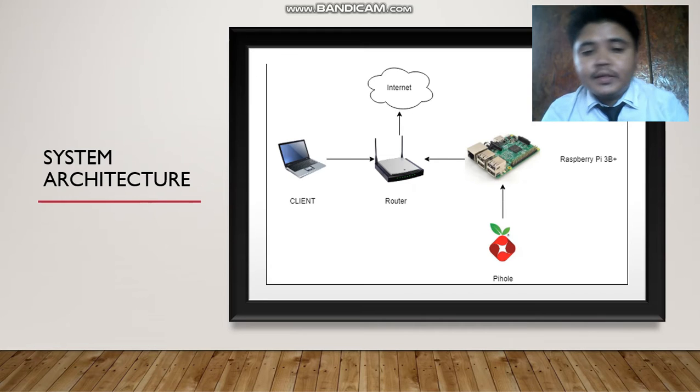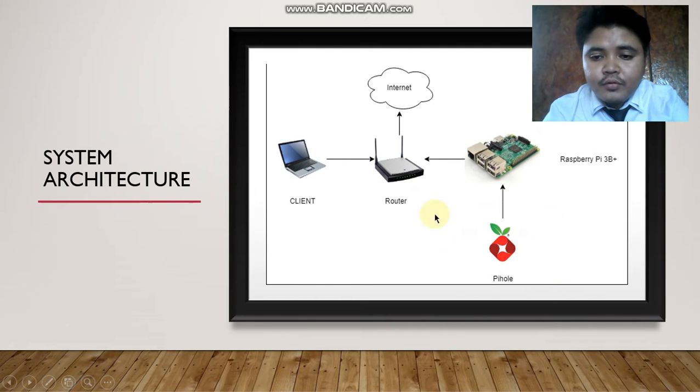For the system architecture, this is the system architecture before the improvement of the security, which is the architecture that we will test using the network security tools, penetration tool.